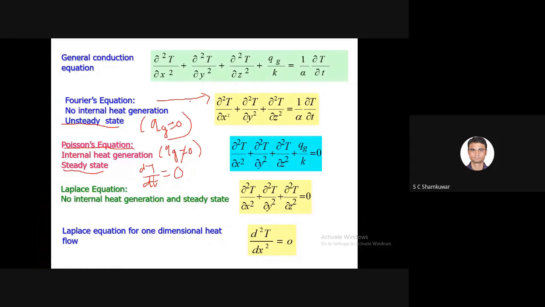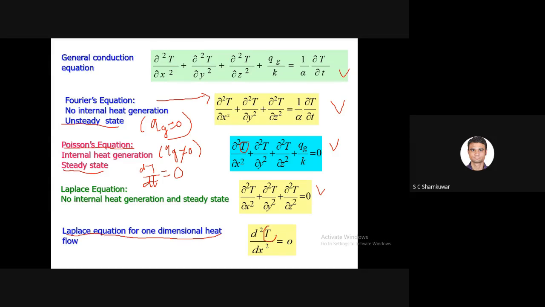Means you are concentrating. Please see, all of you, in all these equations there is a del. Why del? Because it is a partial derivative: temperature is changing with respect to x, y, z, as well as with respect to time. But for the last equation, the Laplace equation, the change in temperature with time is zero because we have considered steady state, and there is only one direction.